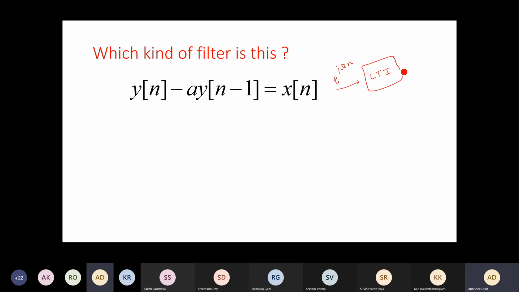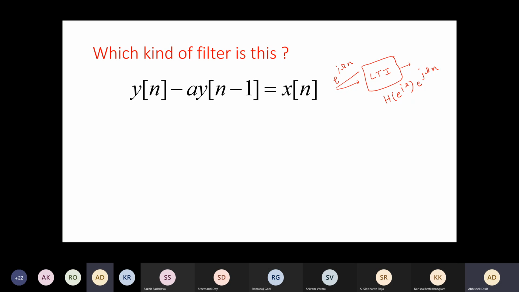H(e^j omega) multiplied by e to the power j omega n. E to the power j omega n we have proven is an eigenfunction of a linear time invariant system. And this thing we will use in this question.